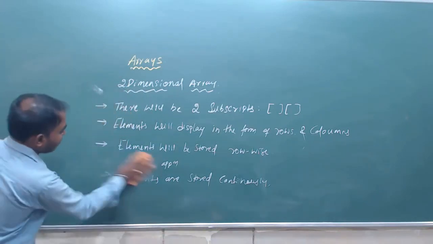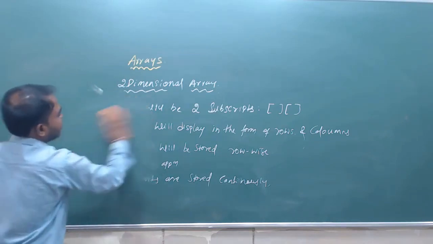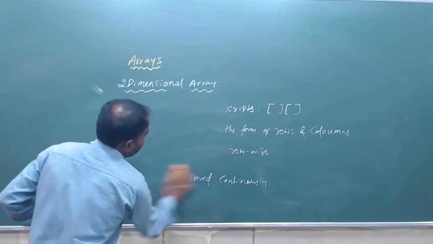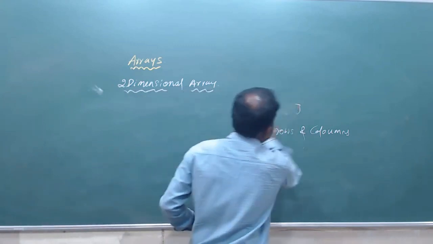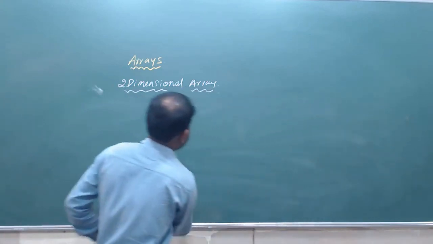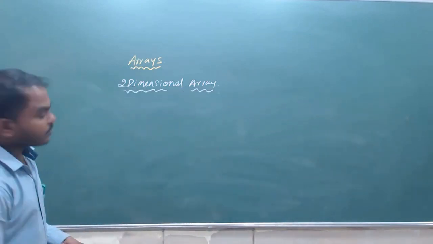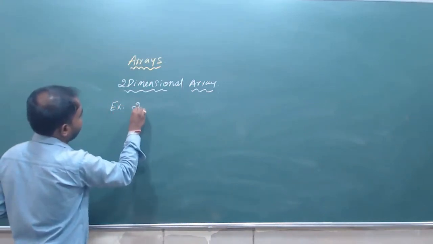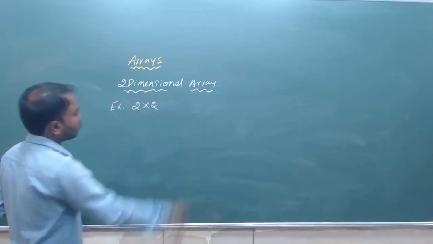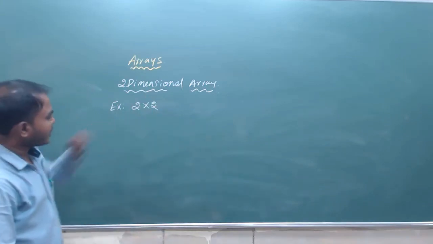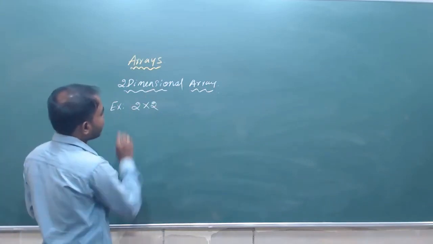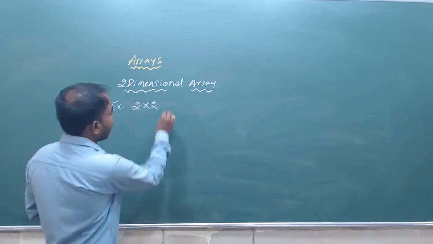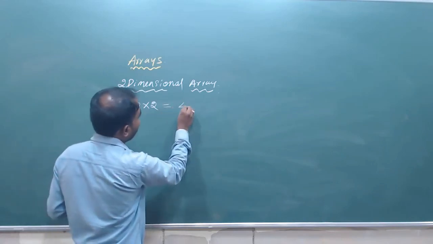So I take one example to show how these elements are stored in an array. Example: 2 by 2. How will these elements be stored? 2 by 2 is nothing but 2 rows and 2 columns, and there will be 4 elements.